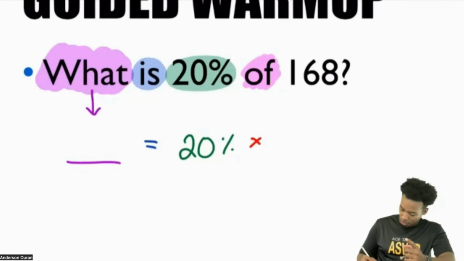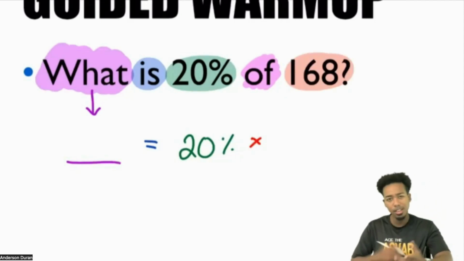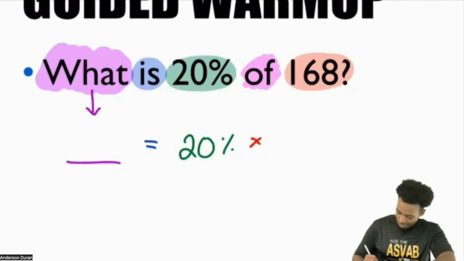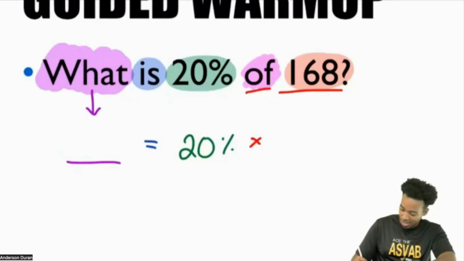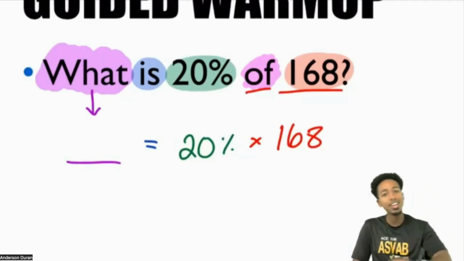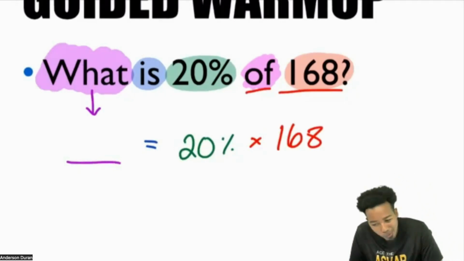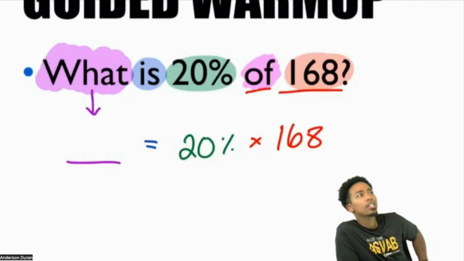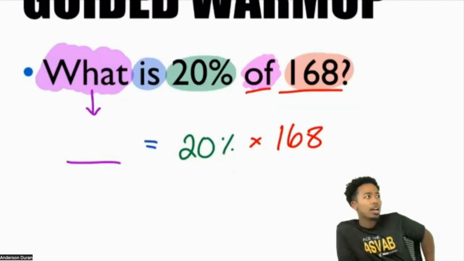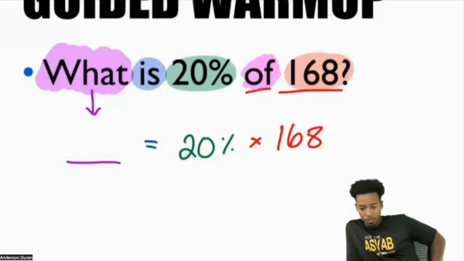And then everybody, quick last question over here. 168. That's just 168. We're multiplying. The word of 168 means multiplying by 168. So everyone, if we go back to our little formula, the percent times the original equals the what? The result. It equals the result.